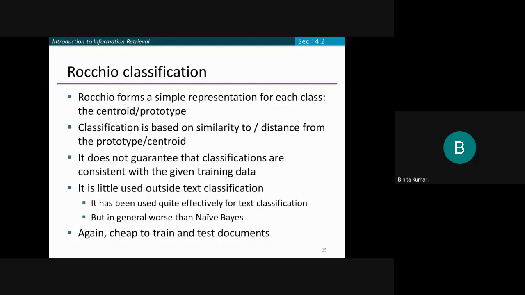So Rocchio forms a simple representation for each class, that is for each centroid or prototype. Classification here is based on your distance from the centroid. It does not guarantee that classifications are consistent with the given training data, as we saw in the previous example.